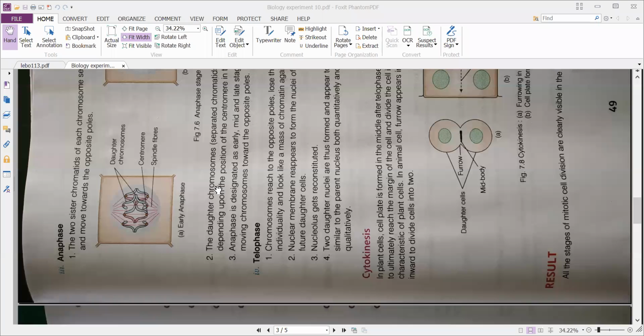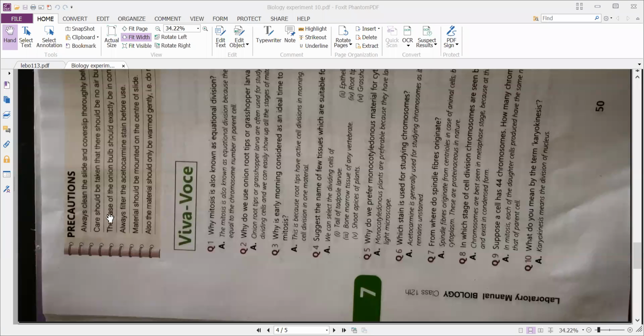If you are writing anaphase, you write on the right side and a diagram on the left side. You should not draw on different pages. They should all be concerned with one another, side by side. Next, after writing the cytokinesis, finally the result and precautions. Understand?